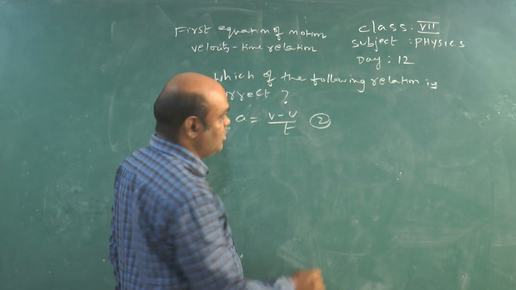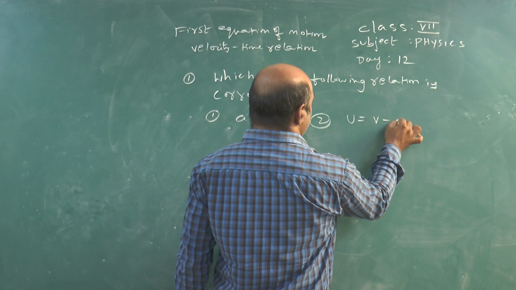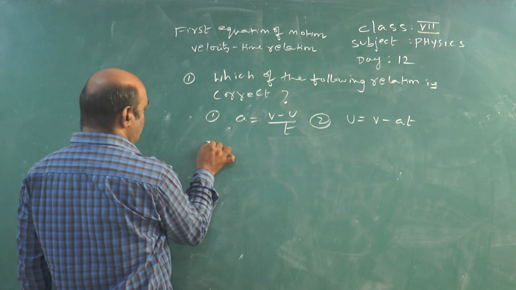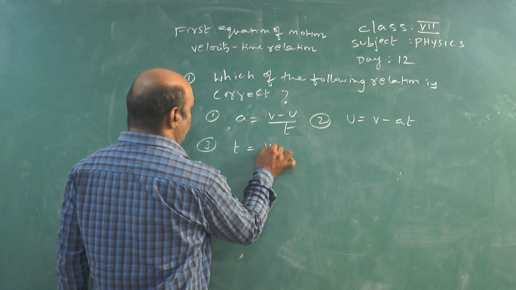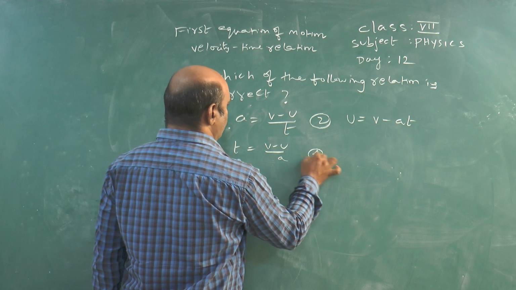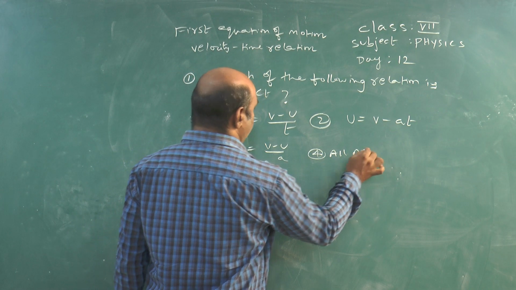Second one is u equal to v minus at. Third one is t equal to (v minus u) by a. Fourth one, all of these.